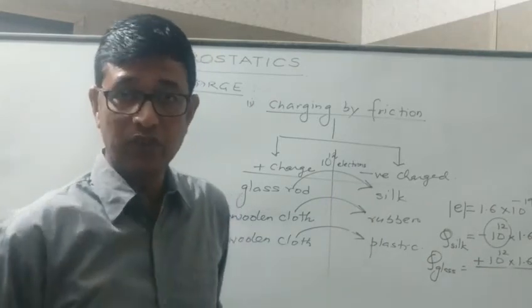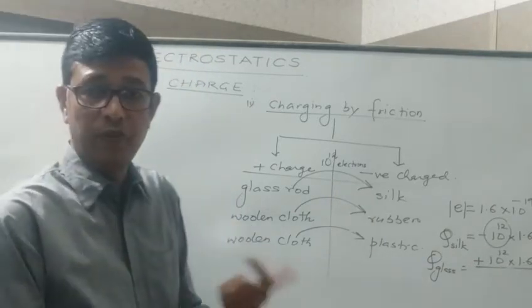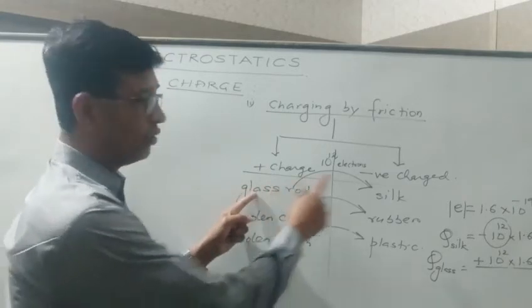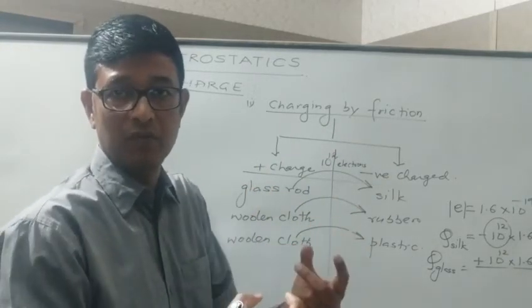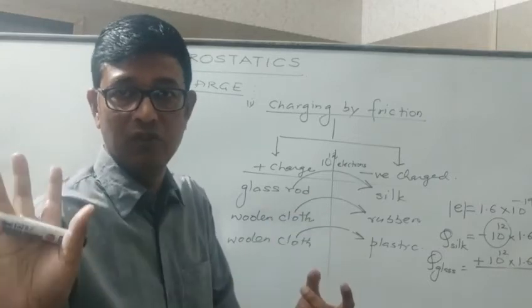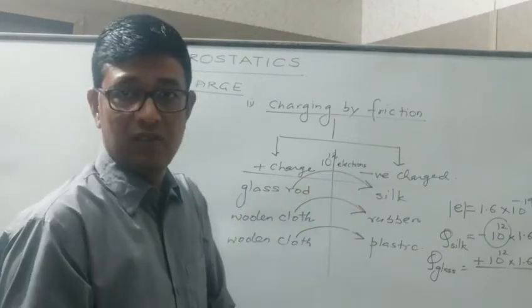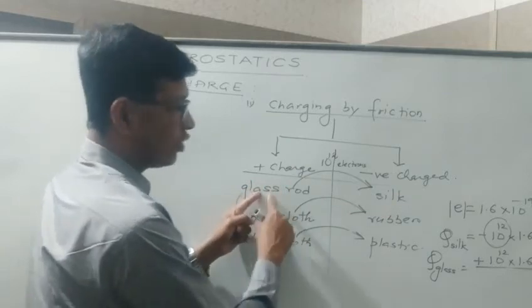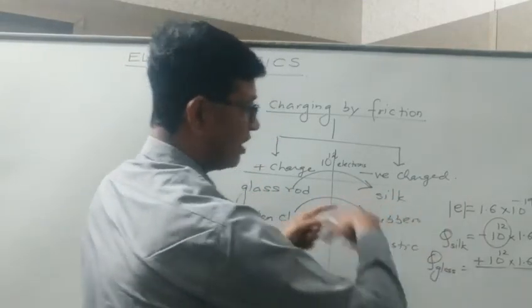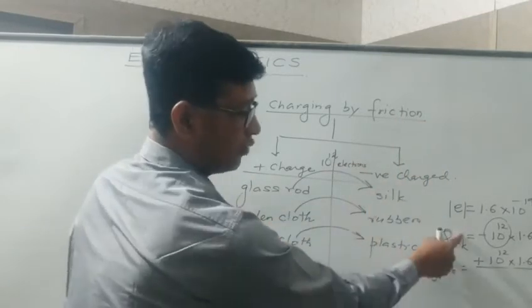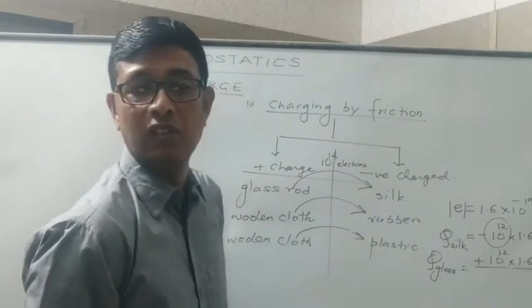One more thing you can observe: net charge of glass rod before rubbing is 0, net charge of silk is 0. So before rubbing, the net charge of the system comprising glass rod and silk is 0, isn't it? After rubbing, charge on glass rod is this much, charge on silk is this much. So the net charge of the system after rubbing, if you add these two, will again amount to 0.